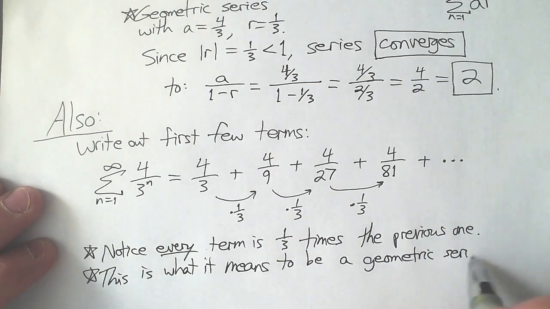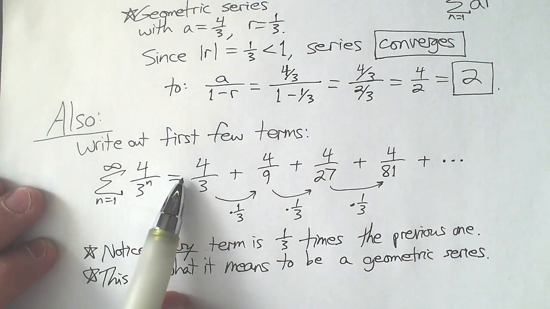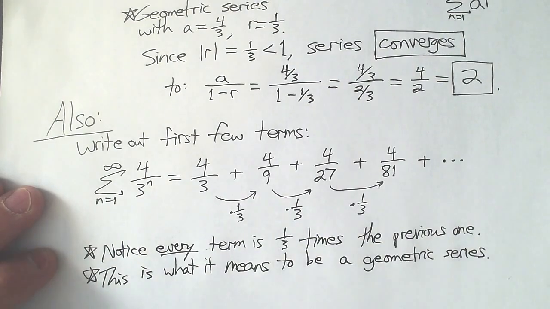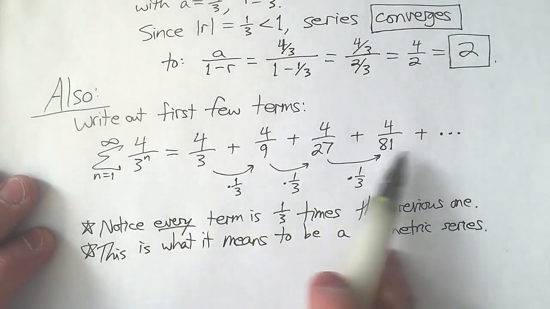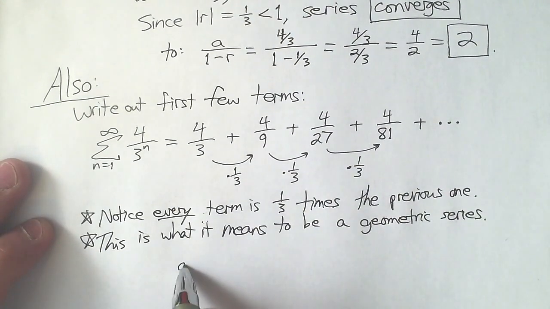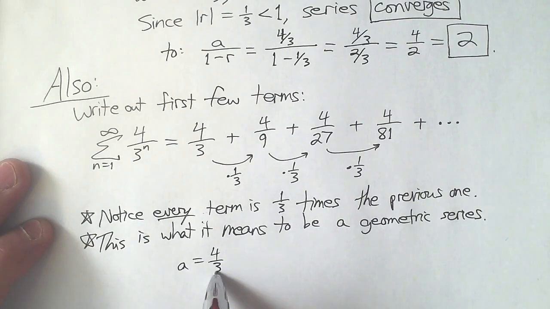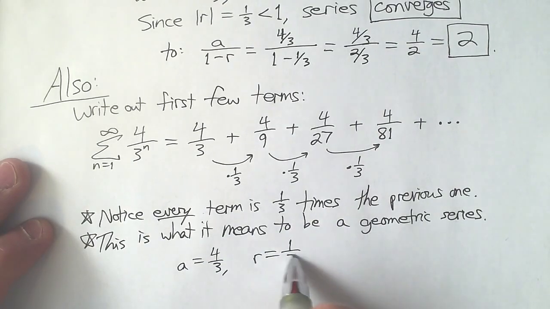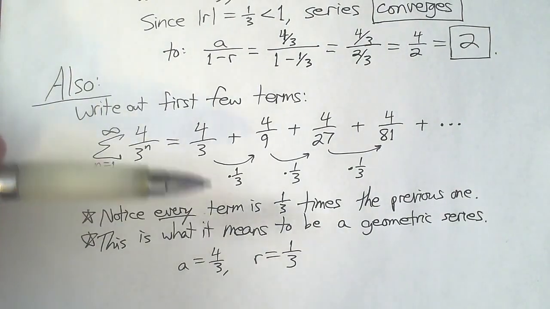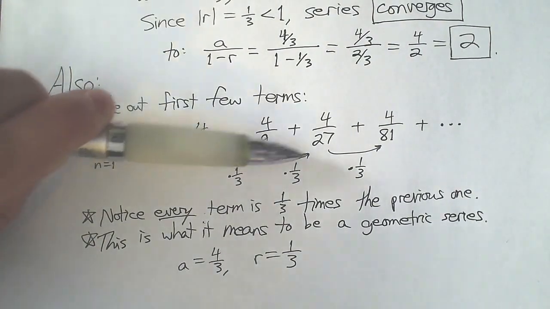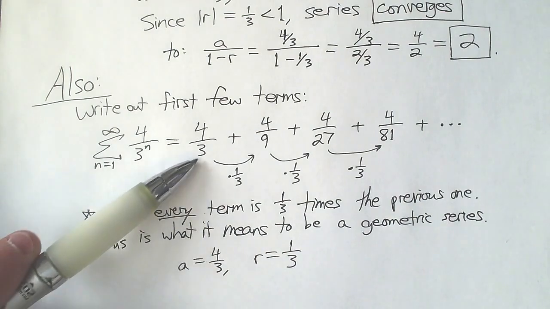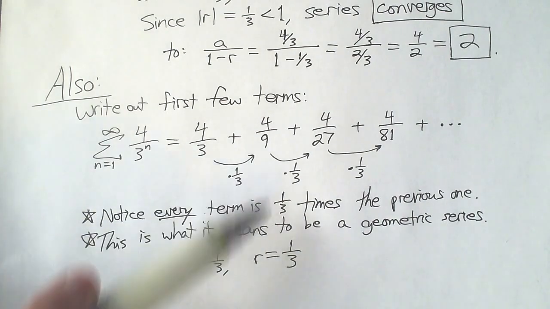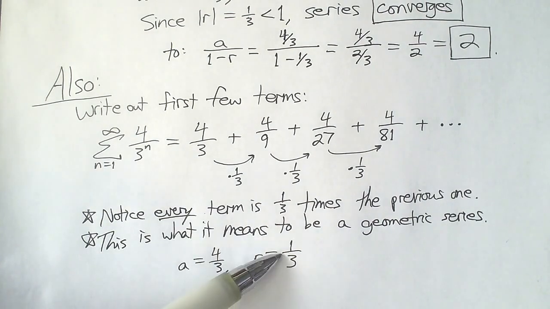It means there's some constant that you keep multiplying by to get the next terms. And actually, from the way I wrote this out, we could figure out that A is 4/3 and R is 1/3. Because R is going to be that constant. The number that you keep multiplying by, that's what R is. And then A is really the first term. So that's kind of another way to figure out A and figure out R.